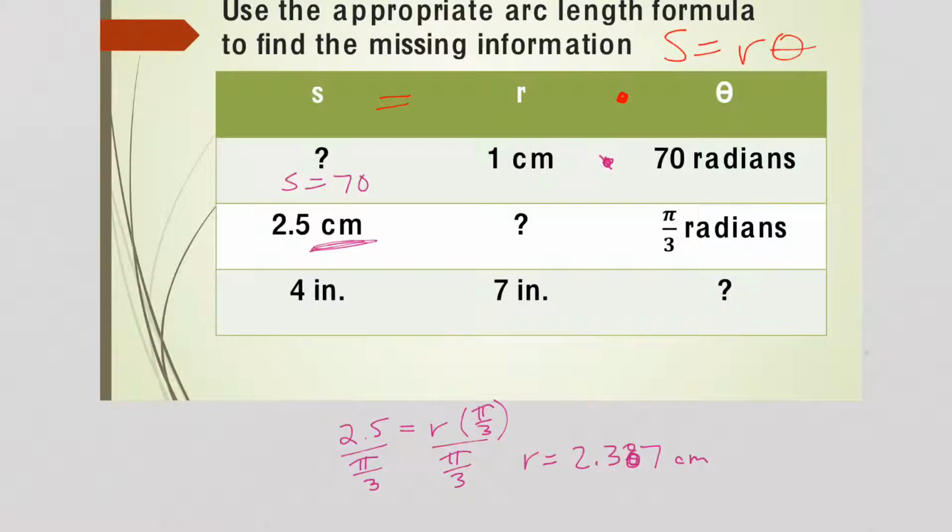And in our final example, I have 4 equals 7 theta. Divide both sides by 7. So theta must equal 0.571 radians.